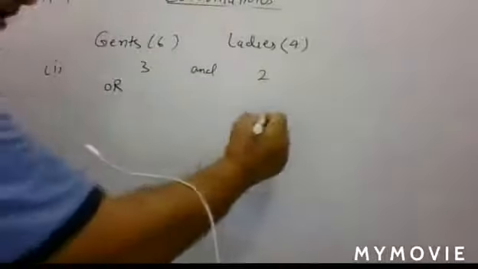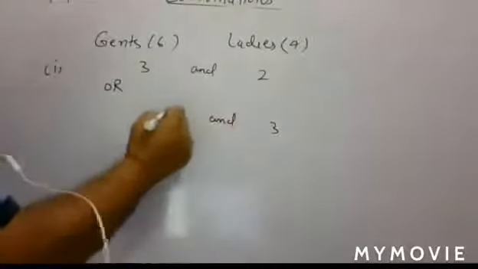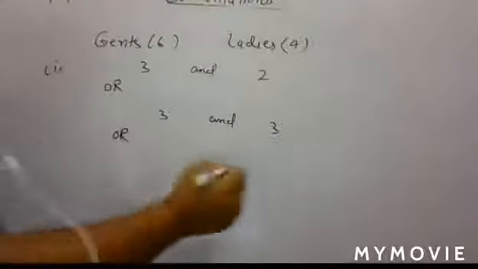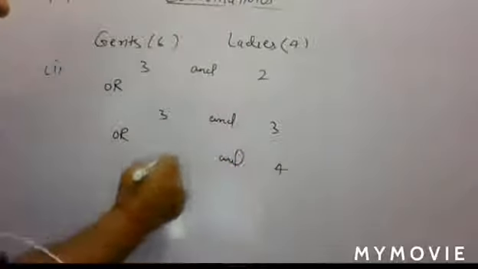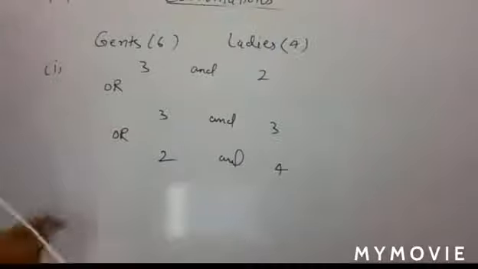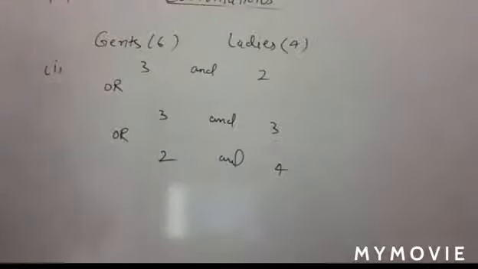What is the other possibility? 3 ladies, so 2 gents. Or the next possibility, 4 ladies, so 1 gent. Understand? So here you have 3 different cases, and if you apply the concept of AND/OR, you can very easily get your result.